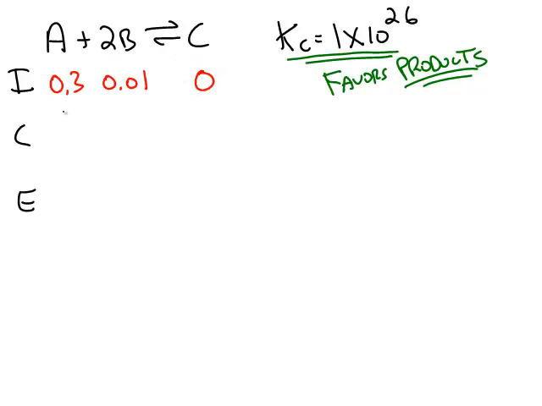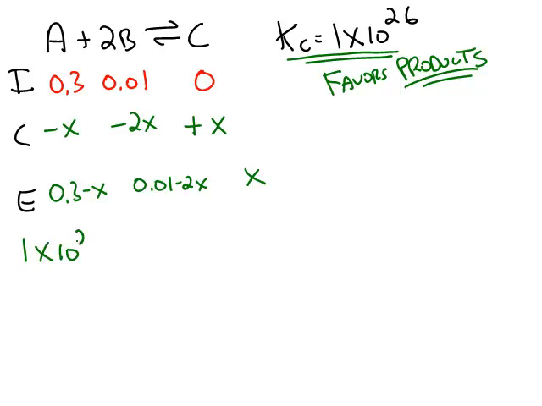If we tried to do our normal ice chart and we said the product side's going to increase, the reactant side's going to decrease, we're going to lose X, lose 2X, gain X, we're going to 0.3 minus X, 0.01 minus 2X, and X. We would then set this equal to Kc. 1 times 10 to the 26 would be the products divided by the reactants.